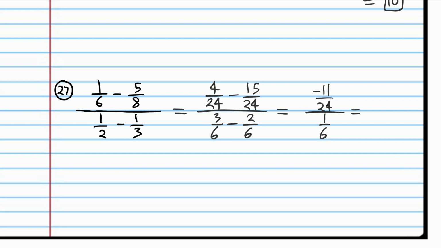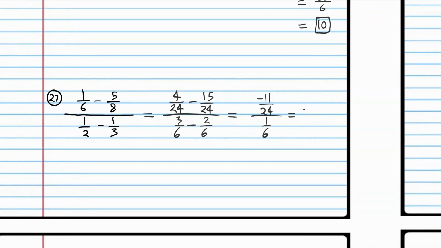And now we just change to the old division symbol. Multiply straight across. 6 times 11 is 66. And 24 times 1 is 24.